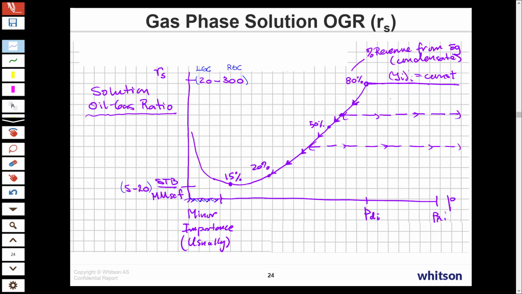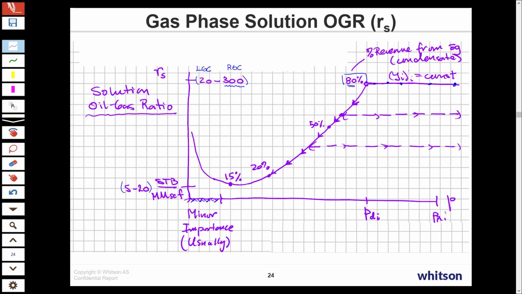If we look at the revenue coming from a gas condensate development, and say that we start with a rich gas condensate at 300 barrels per million, probably as much as 80% of the revenues are coming from the condensate, the surface oil, and only 20% from the surface gas. And that'll be the case all the way from the initial pressure down until we drop below the dew point.